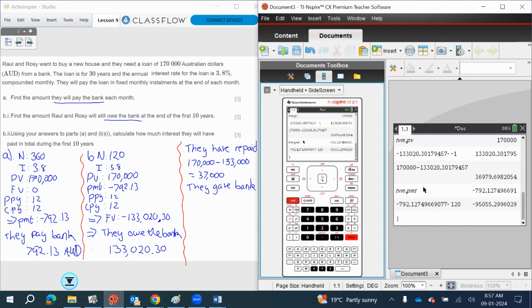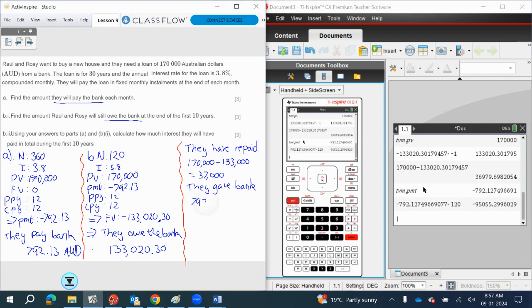Why 120? Because that was the first 10 years of monthly payments. So I'll do it in three significant figures: 792 times 120. They gave the bank 95,000.